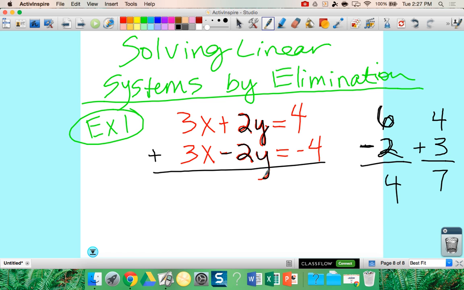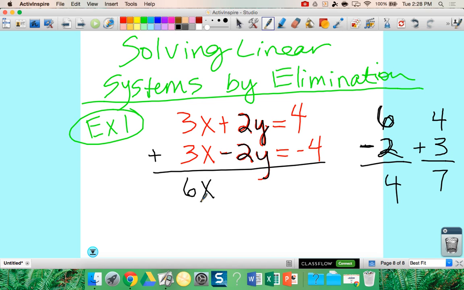So we're adding the top equation to the bottom. We'll start from left and go right. What's 3x plus 3x? 6x. And then 2y minus 2y? 0. Now remember, 2y plus a negative 2y, is that still 0? Okay.